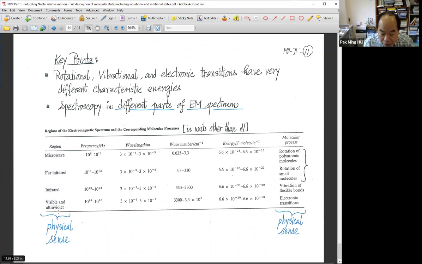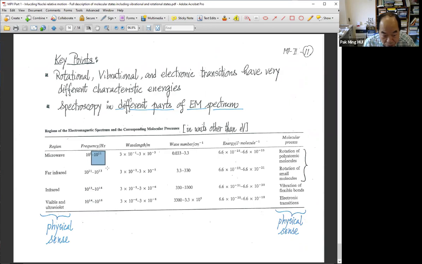Okay, now this is physical sense. Now, the complication comes from there being so many descriptions. We have been using electron volt, but if you talk to different people, they will use different units. So you will see the Hertz.